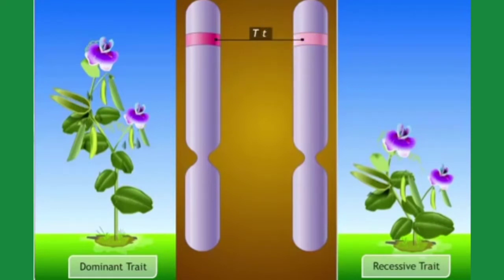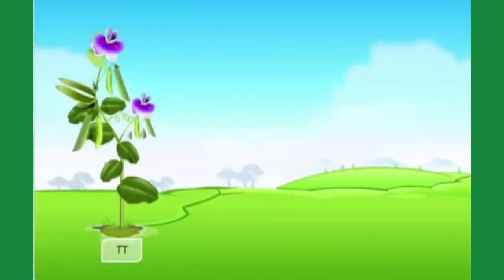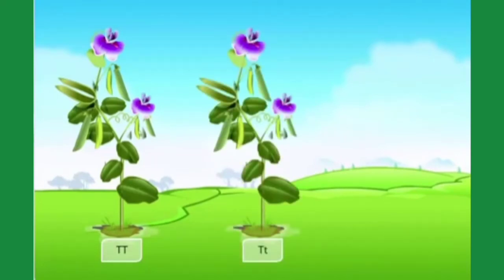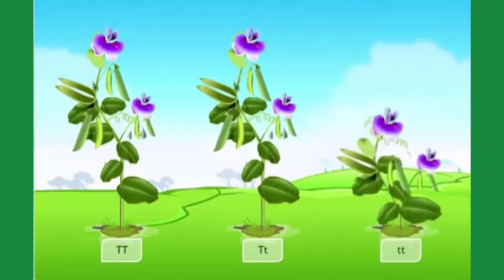These alleles combine to make a genotype such as uppercase TT, or uppercase T and lowercase t, or lowercase tt.